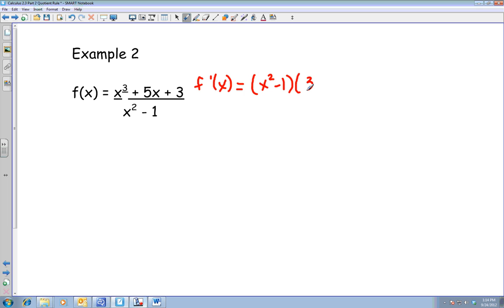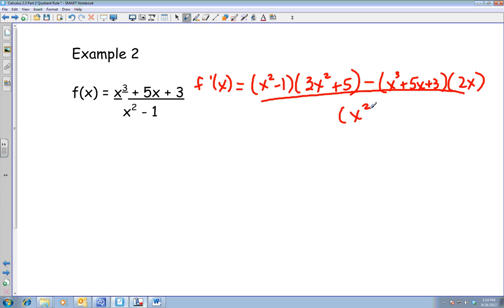So that's going to be 3x squared plus 5. So low d high minus high d low. So my high term times the derivative of my bottom term, which is 2x, all over my bottom term squared.